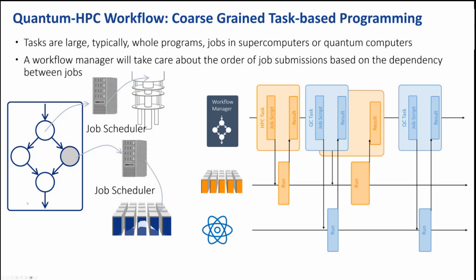This server submits to the job scheduler of the quantum computer or the HPC scheduler, and the job script is managed by the workflow manager, generated automatically and submitted to the supercomputer, and the result is given here. Same in the case of the quantum task, the job script is generated automatically and submitted to the quantum computer, and the result is retrieved here.